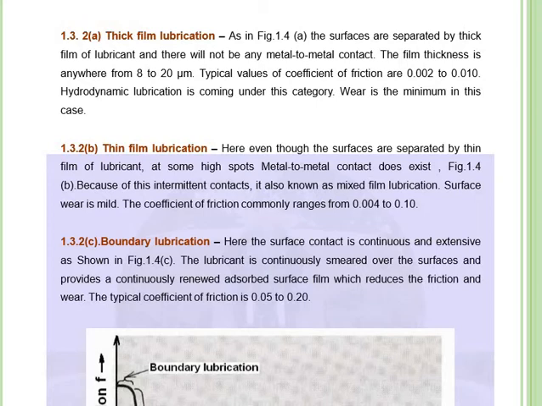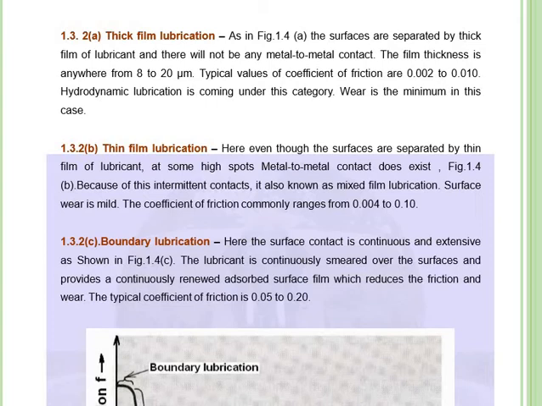Metal to metal contact does not exist. Here the surfaces are separated by a thin film of lubricant. Only at some high spots does metal to metal contact occur. Because of the internal contacts in mixed film lubrication, surface wear is very mild.